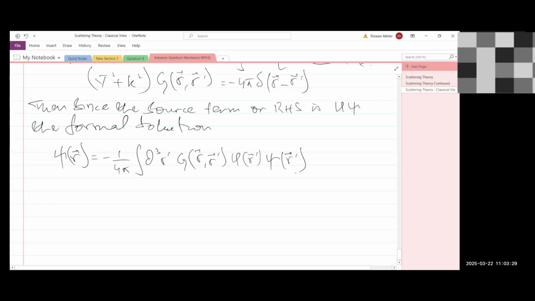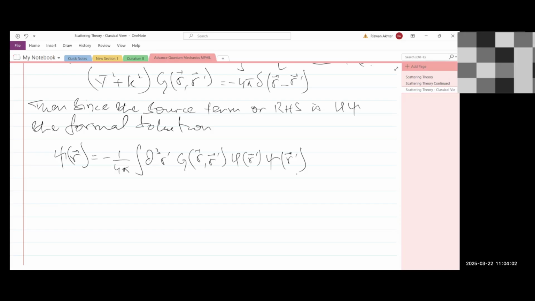Why can we say that it is a particular solution? Because we can add any solution to the homogeneous differential equation, the Helmholtz equation. We can add a plane wave solution, which in fact corresponds to the incoming plane wave, and that incoming plane wave would be n times e to the power iota k dot r.